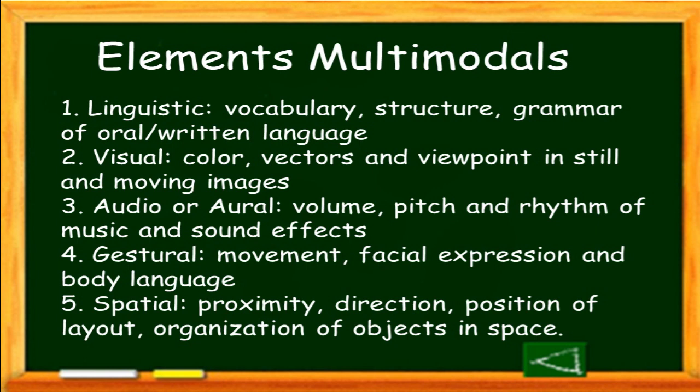Number 3, audio or oral. The volume, pitch, and rhythm of music and sound effects. Number 4, gestural. The movement, facial expression, and body language. And lastly, number 5, spatial. The proximity, direction, position of layout, organization of objects in space.